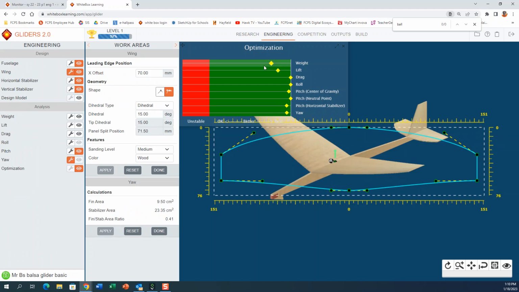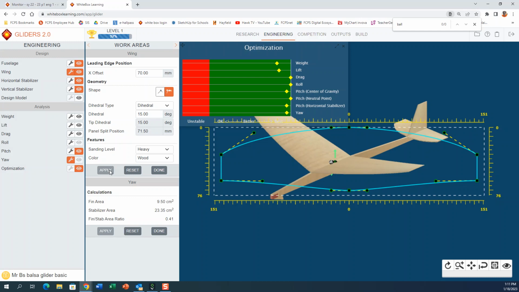So we reduced our weight, which raised our weight score, and we increased our lift. What if I said, no, we're going to sand a lot? We're really going to try to get that airfoil shape and make everything as smooth as possible. All right, our weight improved a little bit.